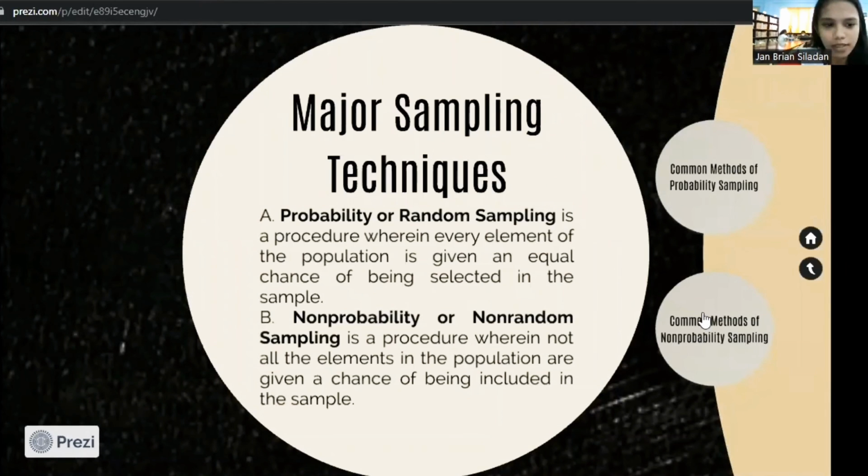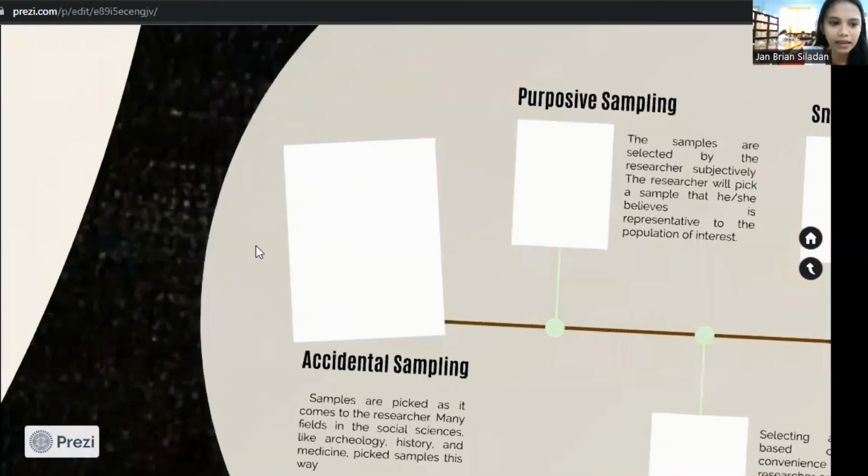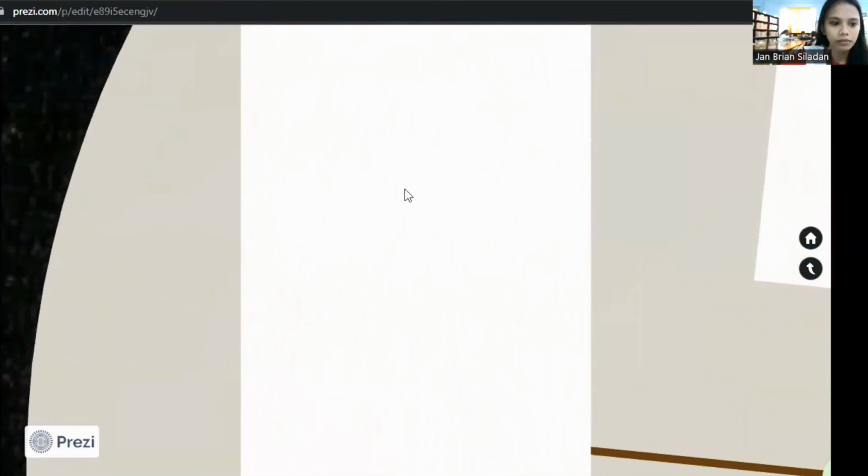Next, I'm going to discuss the methods of non-probability or non-random sampling. First, the accidental or haphazard sampling.